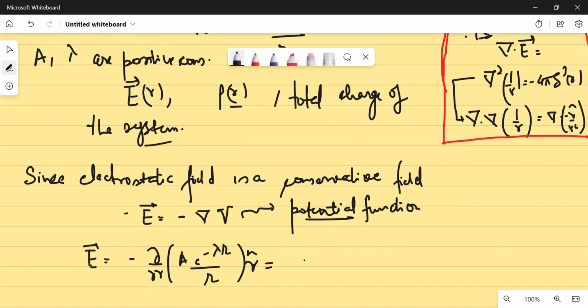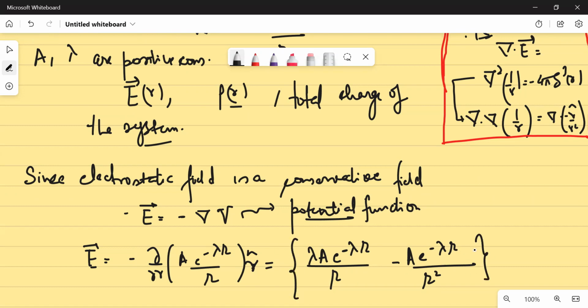So let us find it. थोड़ा ढंग से कर ही लेते हैं, because otherwise there will be mistake. So this will be lambda A e की power minus lambda R upon R, and then there will be minus A e की power minus lambda R upon R square, and then you will have R cap. Is that clear? I don't think I have made a mistake anywhere.